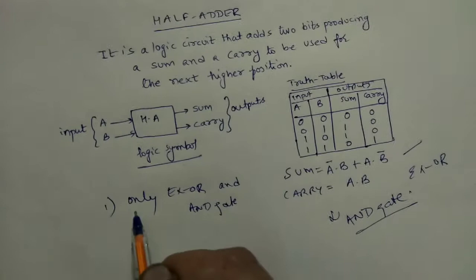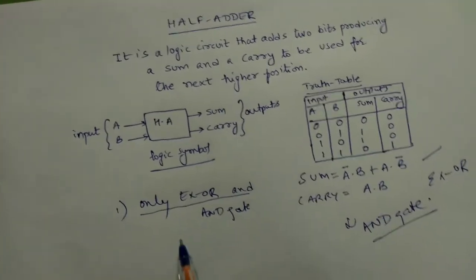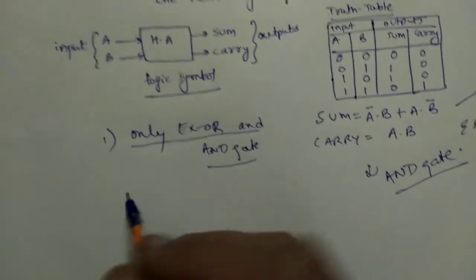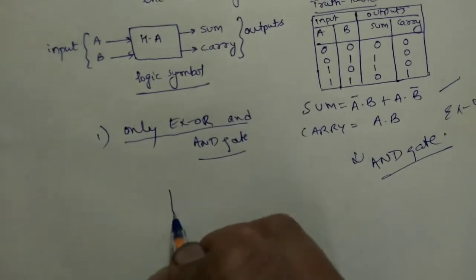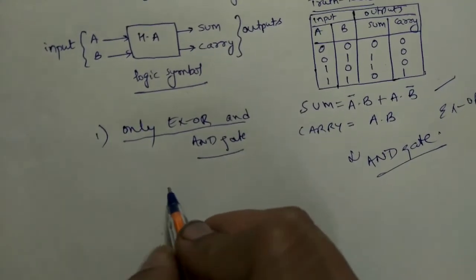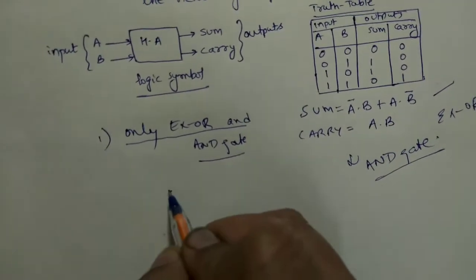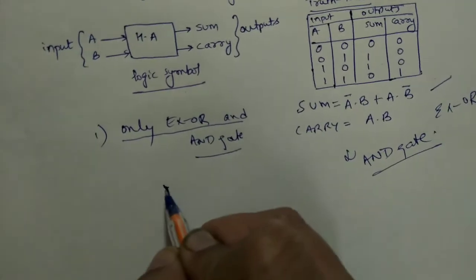By using only exclusive OR and AND gate, we will draw the logic circuit diagram. That is very simple. This is our exclusive OR gate.